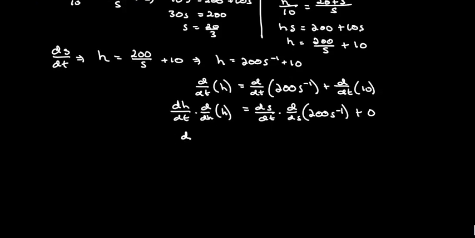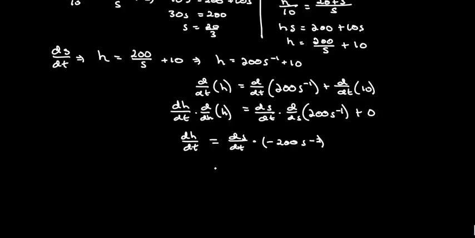So this gives me dh dt. Now d dh of h is 1, so I'm not going to write that there. Then this is ds dt, the rate of change of the shadow with respect to time. Now I have to multiply that by the derivative of this guy right here, which is going to be negative 200s to the negative 2.